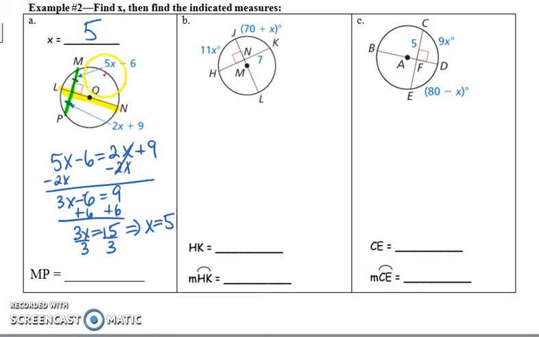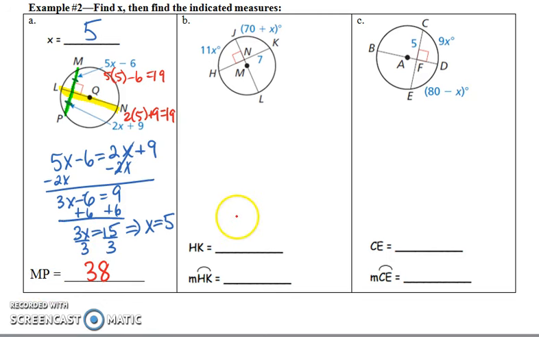Plugging that 5 in, I get that each segment is 19. Meaning that the whole length of the chord MP is 38.